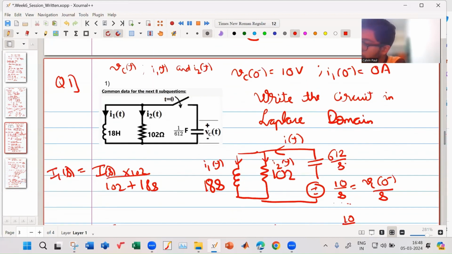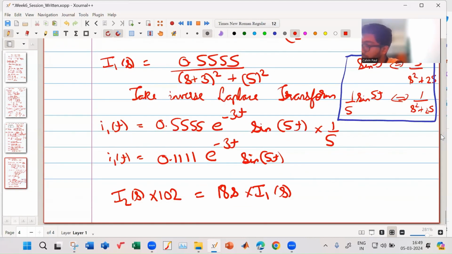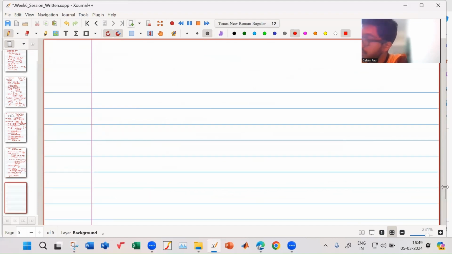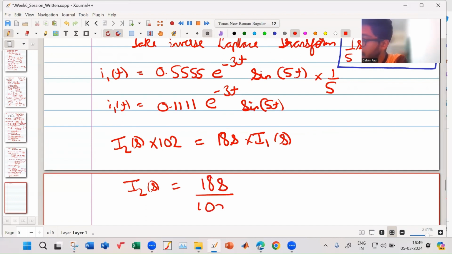The voltage over here is common. 18S into I1 of S is equal to 102 into I2 of S. So I2 of S is equal to 18S upon 102 into I1 of S.